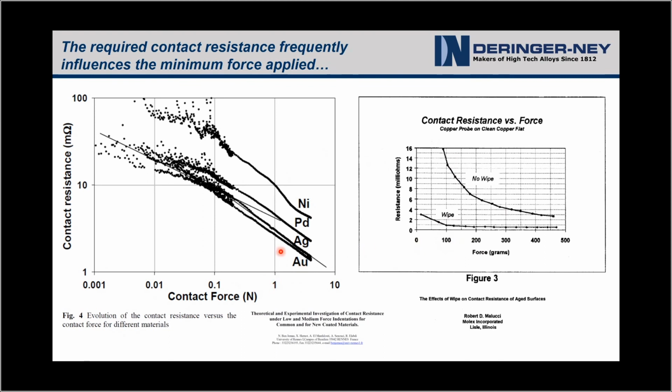So this puts us about here on this graph. And then you see with the wiping action, you get a gross, nearly order of magnitude reduction at the low forces in the contact resistance by utilizing contact motion to reduce contact resistance.